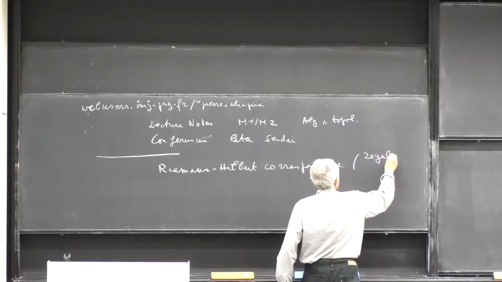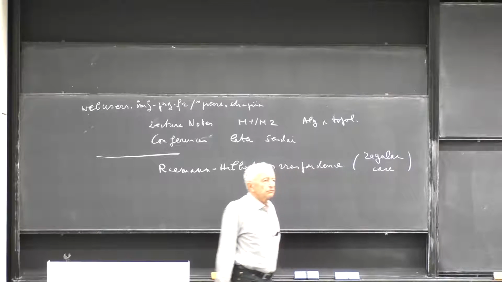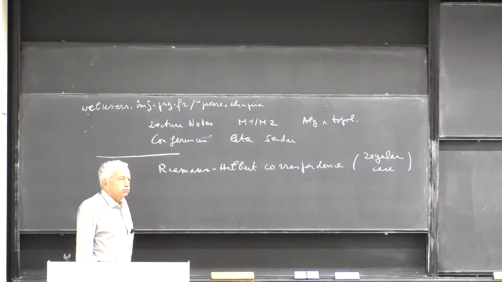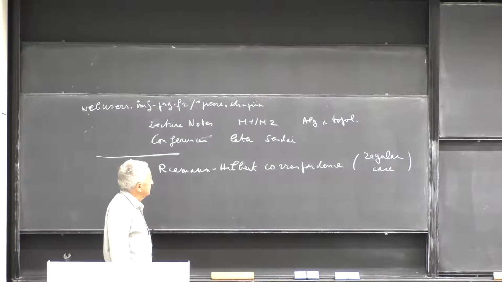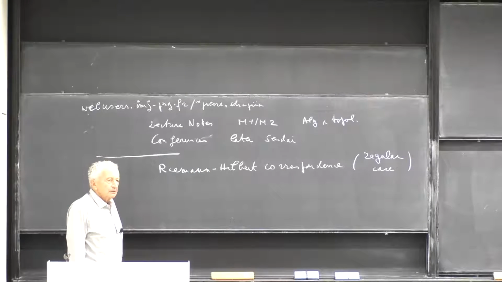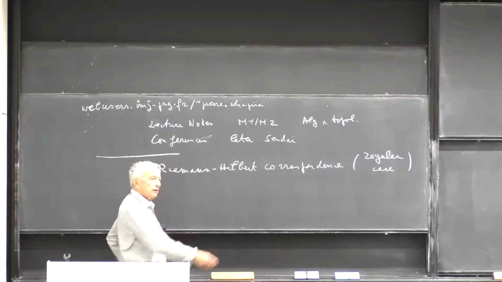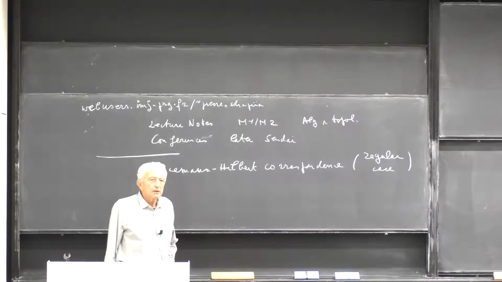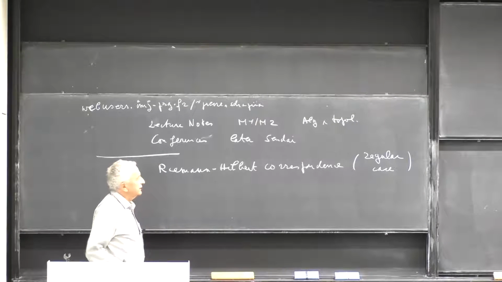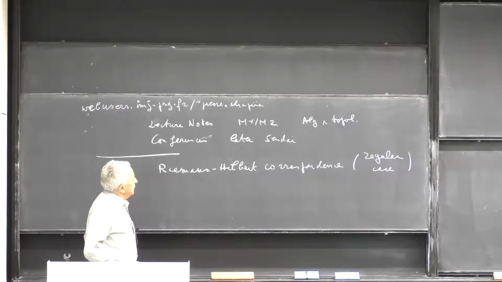There is a new paper by Schapira and D'Agnolo for the irregular case, but it's very, very complicated, and I'm not sure it's final. But this one now, I think we understand the things. It's a correspondence between regular holonomic D modules and constructible sheaves. I will state it clearly later.